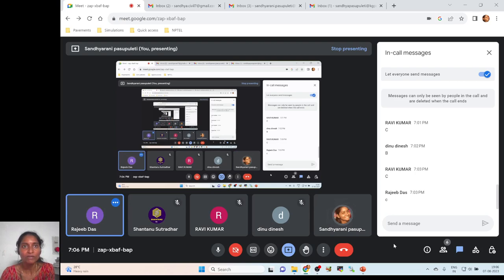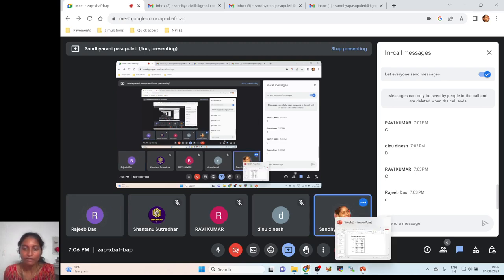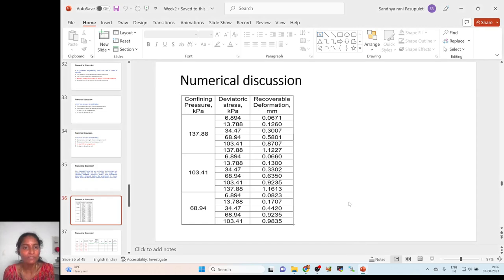So usually elastic modulus is stress by strain. In the same way, resilient modulus will be stress by strain. But which stress do we have to use? Because we have confining stress, we also have deviatoric stress.